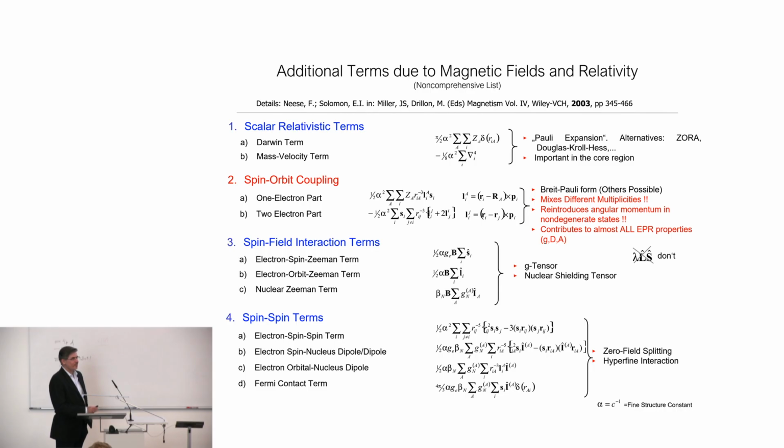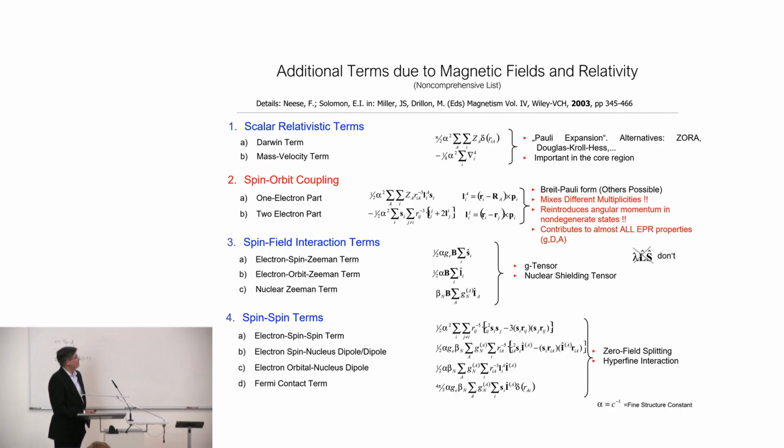That leads you to all kinds of wrong conclusions, and unfortunately the original papers where the spin Hamiltonian was proposed were using this form of the spin-orbit coupling, and the result was that in the pioneering Abragam and Pryce spin Hamiltonian papers, the equations are completely wrong, just because they were using a spin-orbit coupling operator that was completely wrong.